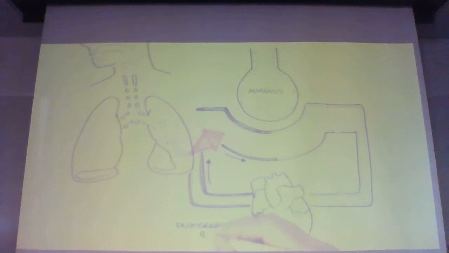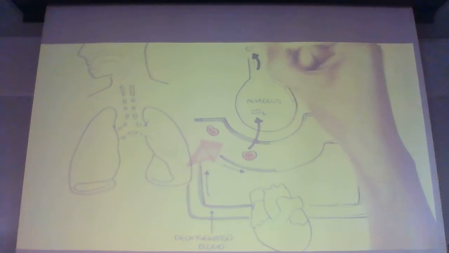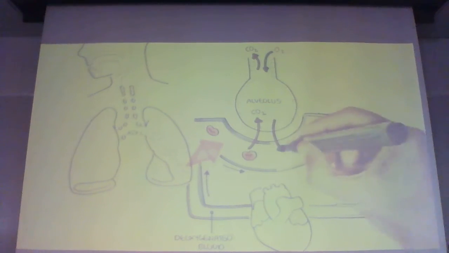Deoxygenated blood means blood containing a higher concentration of CO2 with lower amounts of oxygen. In each alveolus, the carbon dioxide will be dropped off and exhaled out of the body, so removing carbon dioxide from the body. And then oxygen will be inhaled and will then reoxygenate the blood.